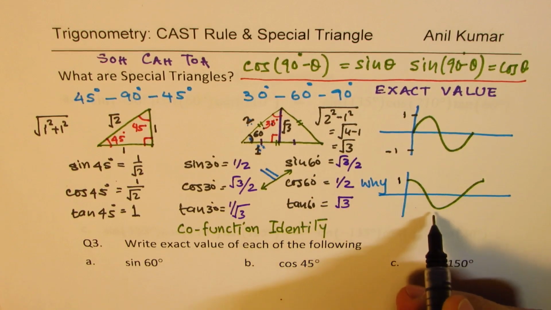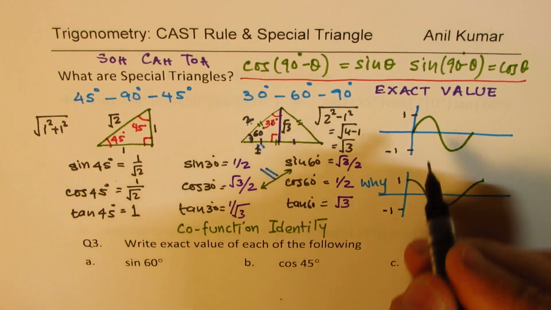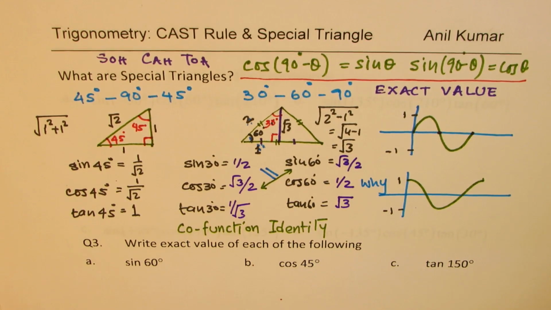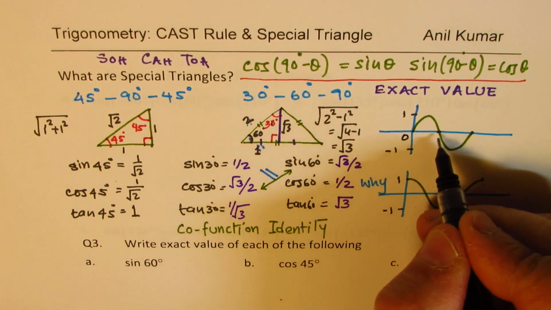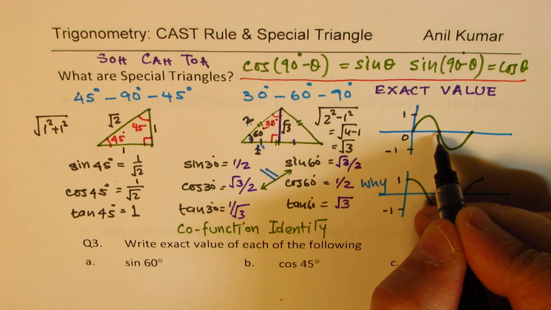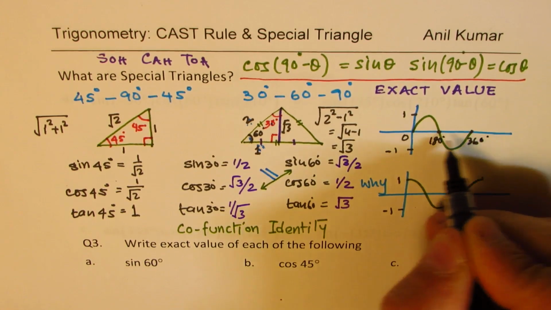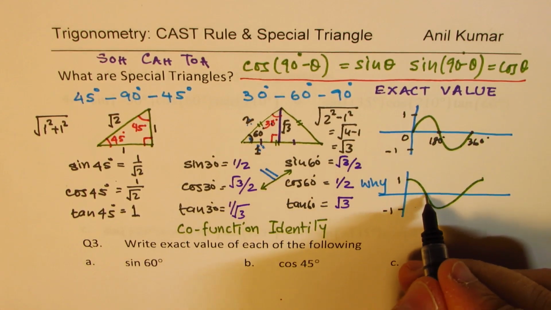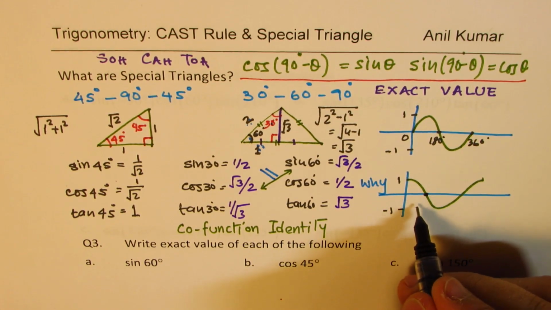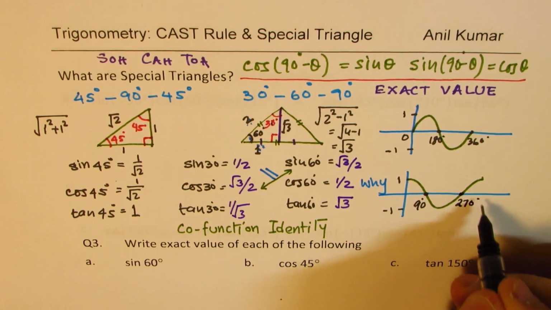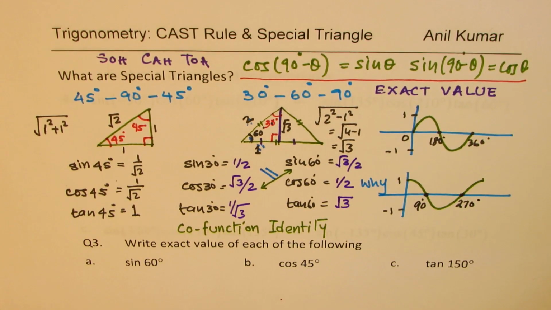For cos, it is the same thing, 1 and -1. However, the places are different, shifted by 90 degrees. So for sine, it is 0 at 0, and this is 180 degrees, and this is 360 degrees. Correct? They are zeros. For cos, the zeros are at 90 degrees and at 270 degrees. So these are the zeros. You get the idea? These are the zeros.